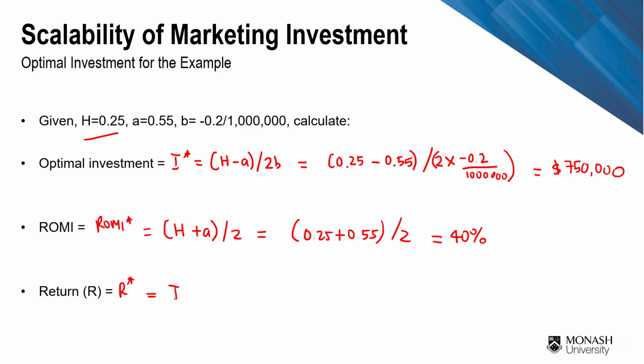One way is to calculate your investment level times your ROMI. So investment star is 750K times ROMI star of 40%, and your optimal return will be 300K.